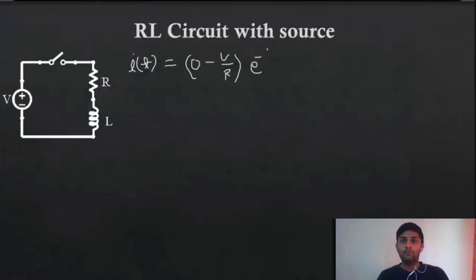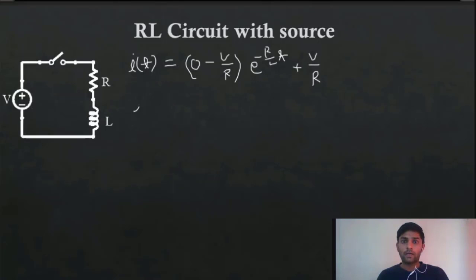So t divided by L by R, you will get R by L times t, and plus I at infinity, and I at infinity is V by R. So this is your final response of this circuit.